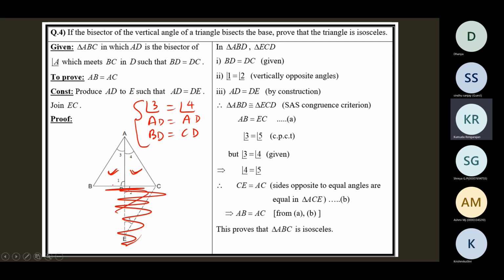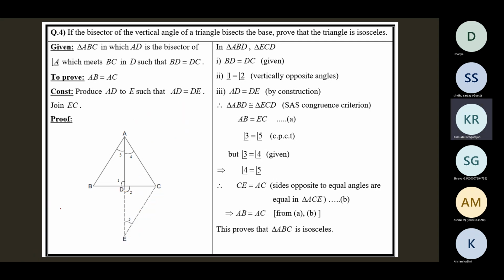So we need at least one more piece of information so that three equalities cater to a congruence rule and we can show that the two triangles are congruent. So that is why the construction, because the equalities which we have are not sufficient to show that the triangles are congruent. So what is the construction?